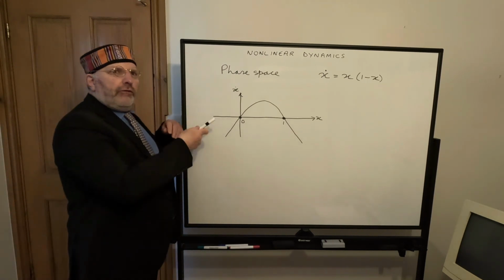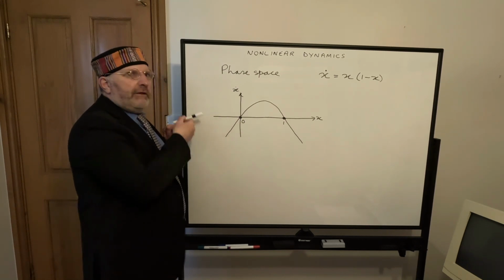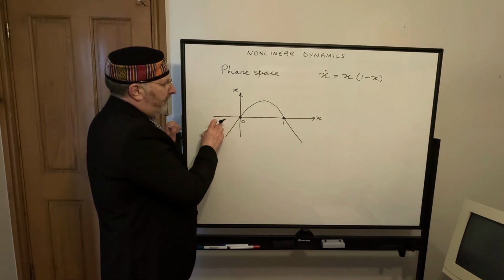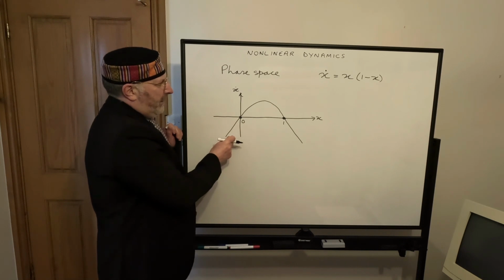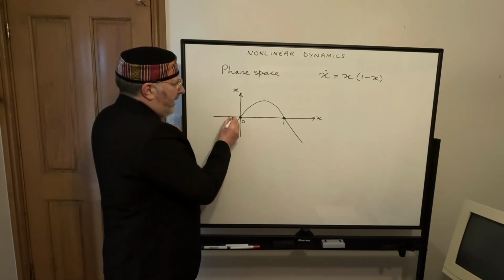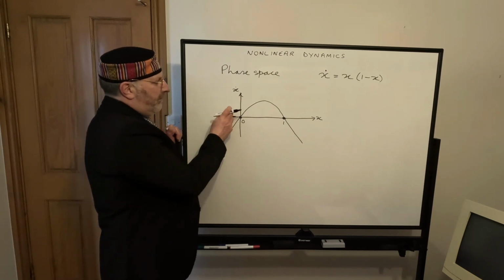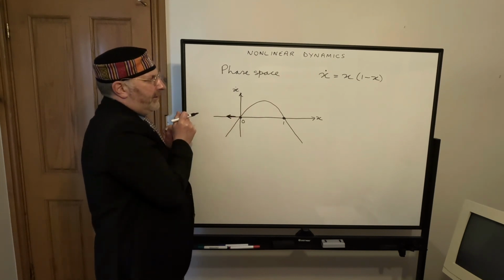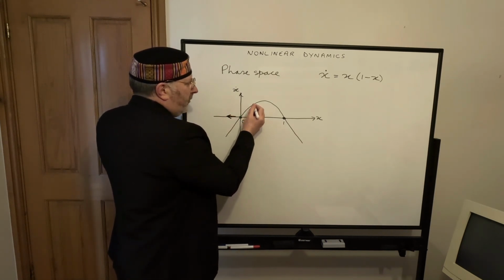And now we can draw on this graph how the system would be behaving at different points or in different regions of this graph. So let's start when x is negative. Well, when x is negative, we can see that x dot is negative. It's below the axis. So here, the system will be moving in the negative x direction. So if the system has a value x below 0, it will be moving negatively. What about above 0? Well, here x dot is positive.